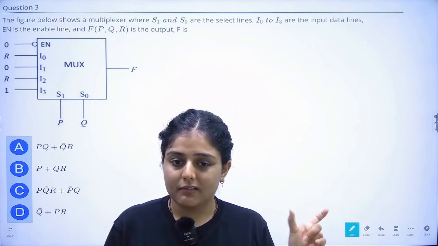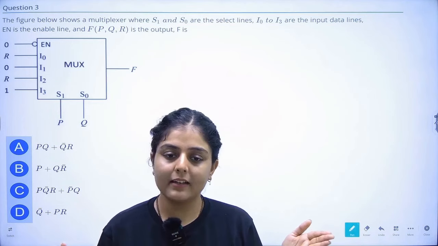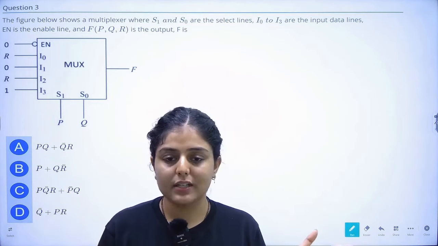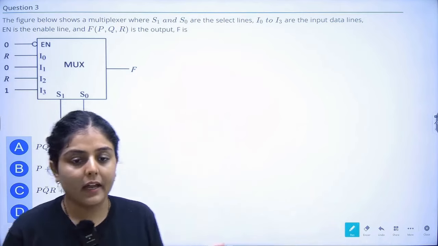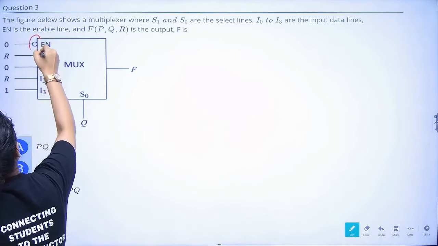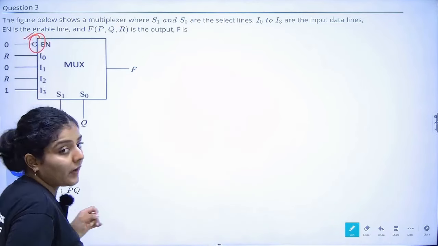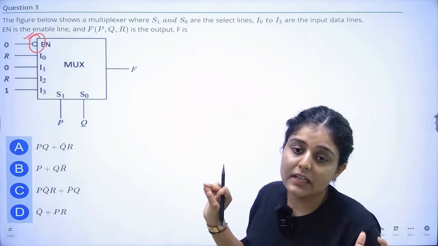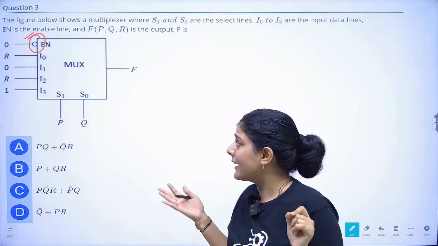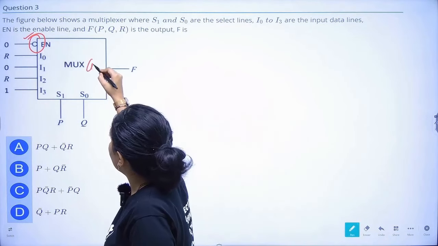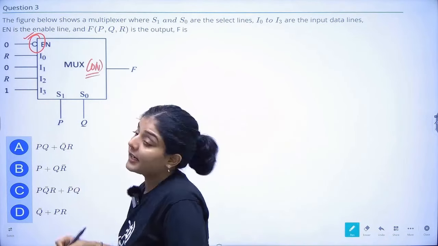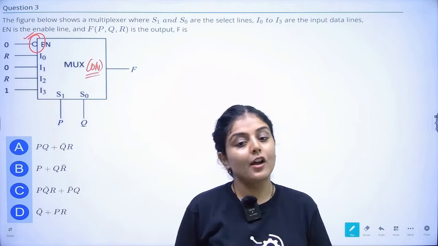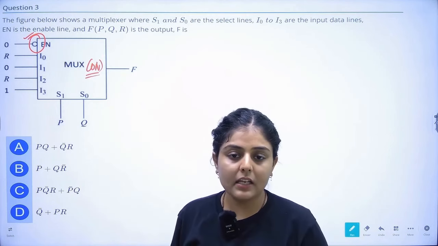When enable is on, the device is working; when enable is off, the device is not. Here the enable is active low. If I give the enable 0, the multiplexer is on and it will give the output.